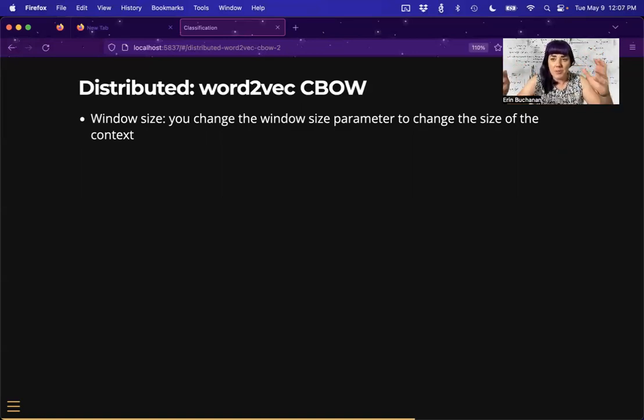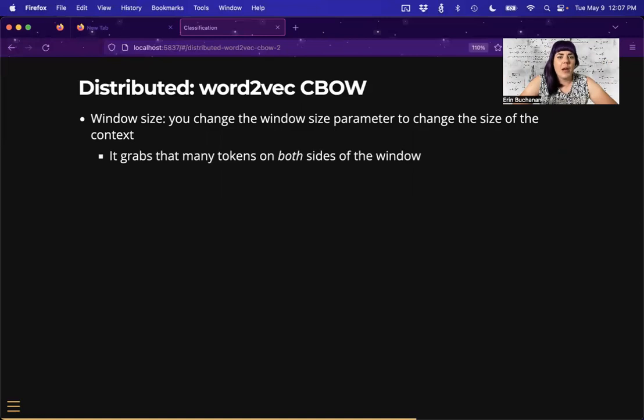It's actually 10 words, 5 on each side. If you think about what humans can do, it's probably about 3 on each side, but try a couple different ones, see what works best.